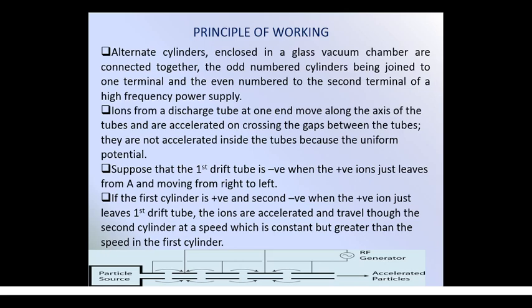Once the positive ion enters the drift tube, it keeps the same velocity. According to the reversal of the polarity, the particle is accelerated and finally it is ejected out to the target.